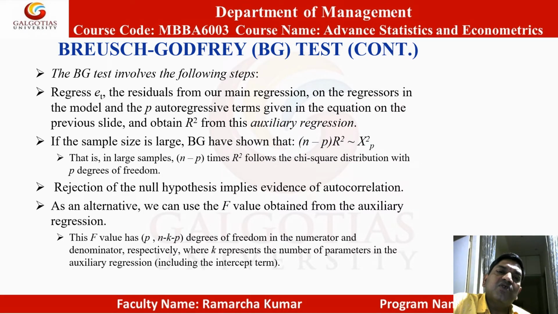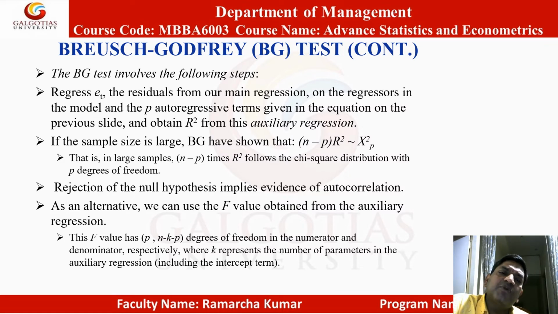The BG test involves the following steps. Regress e_t, the residual from our main regression, on the regressors in the model and the p autoregressive terms given in the equation on the previous slide, and obtain R square from this auxiliary regression. If the sample size is large, BG have shown that n minus p times R square follows the chi-square distribution with p degrees of freedom.